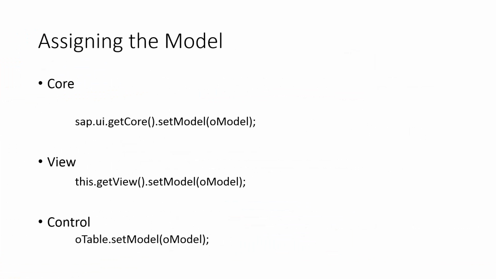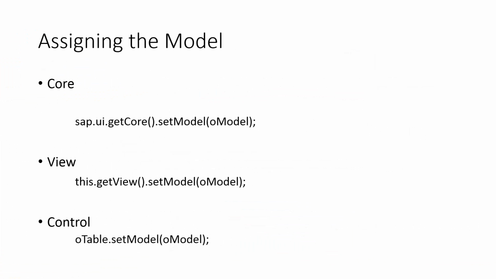After constructing the model, I have to assign it somewhere. Only after that will I be able to access the data in the model and bind it to the UI element. I can do this in one of several ways. Either I can bind it to the core.